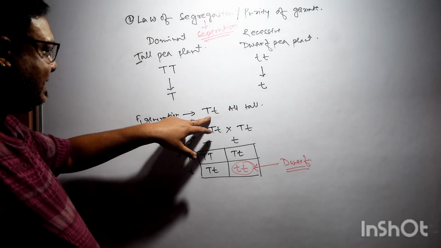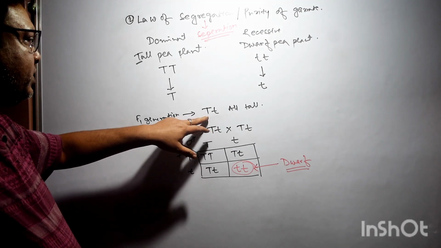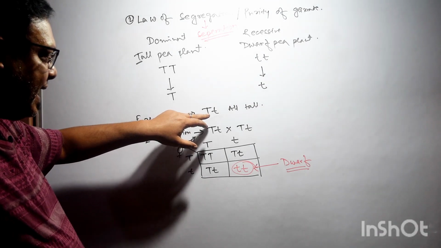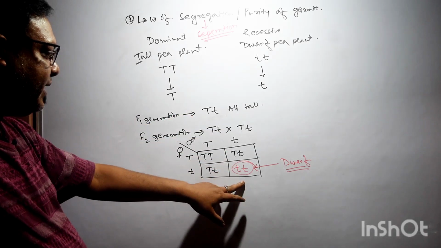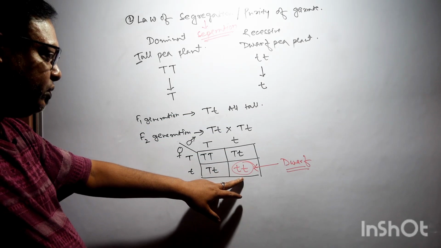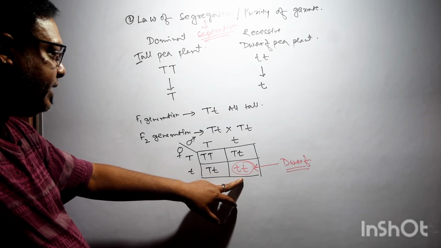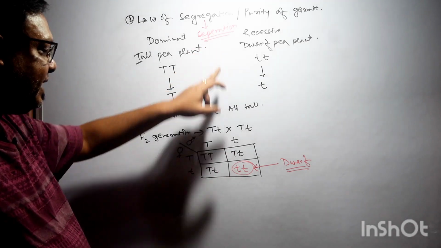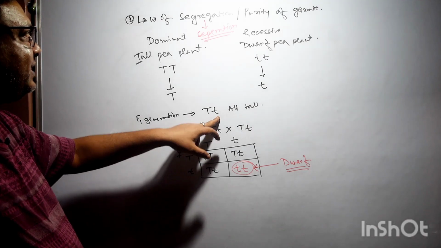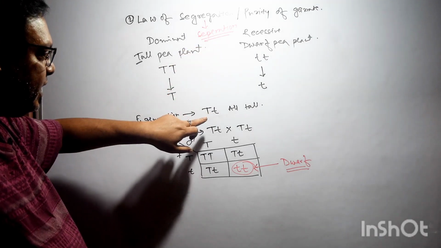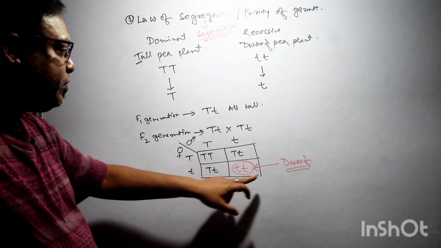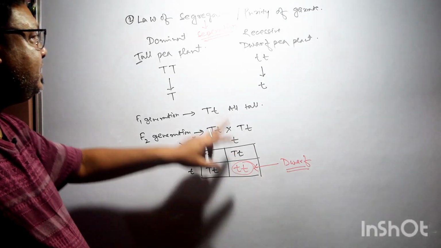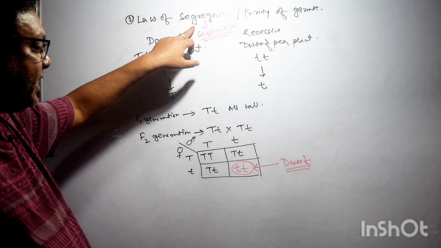Here we can see that all the small t's are with capital T's, but as soon as the small t gets separated or segregated from the capital T, it shows back its own character. That's why this is known as law of segregation.